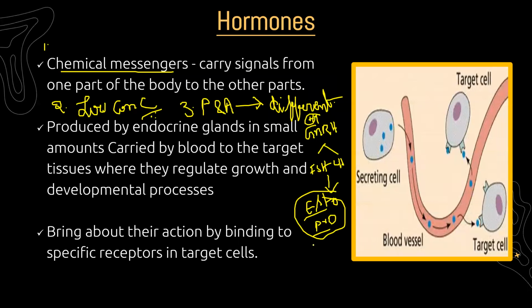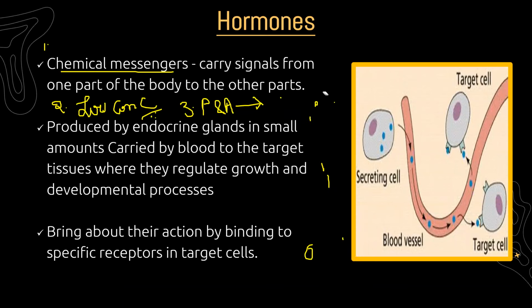But where they show action, they act on the ovaries during the menstrual cycle. So their production is different, and their action is entirely different. Do not get confused with that particular point. That's why the site of production and the site of action are entirely different. Never ever get confused with that point.